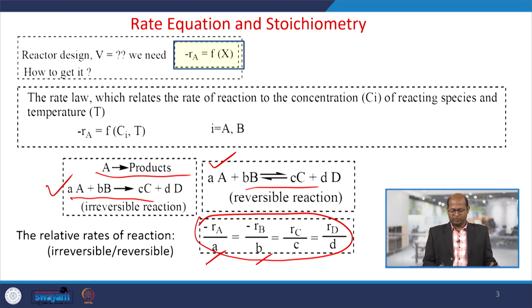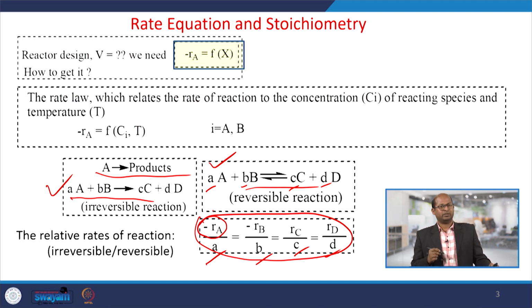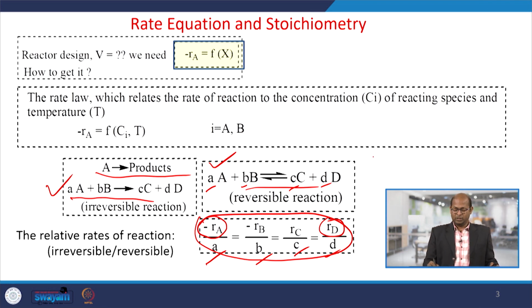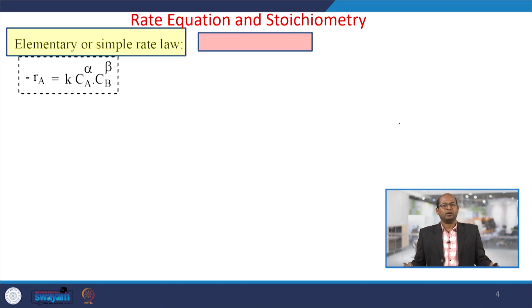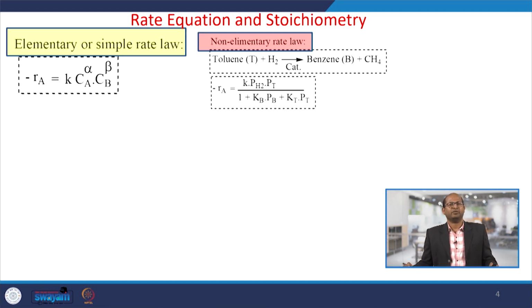Small a, small b, small c and small d are the respective stoichiometric coefficients of the reaction. If minus r_A is available for this reaction and we want the rate of formation of D, then we simply put minus r_A by a equals r_D by d. So if minus r_A is known, the rate of formation of that species can be found.